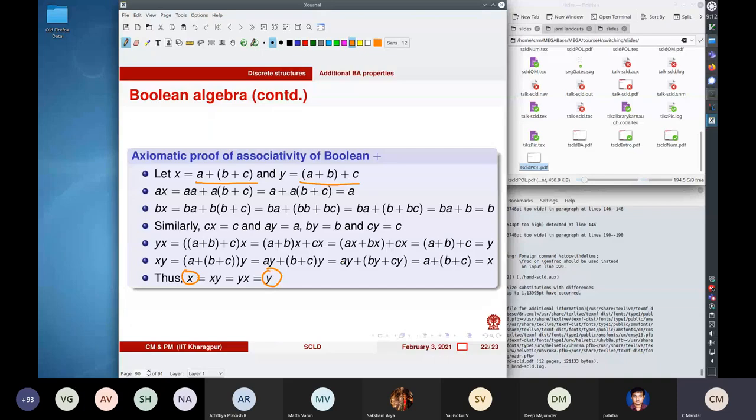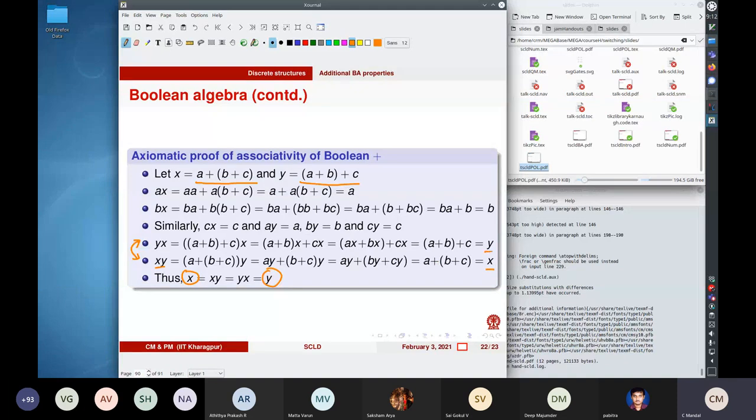That way you can show that because xy is same as x, and these two are also same by commutativity. So you show that x is equal to xy, and that is equal to yx, and that is equal to y.